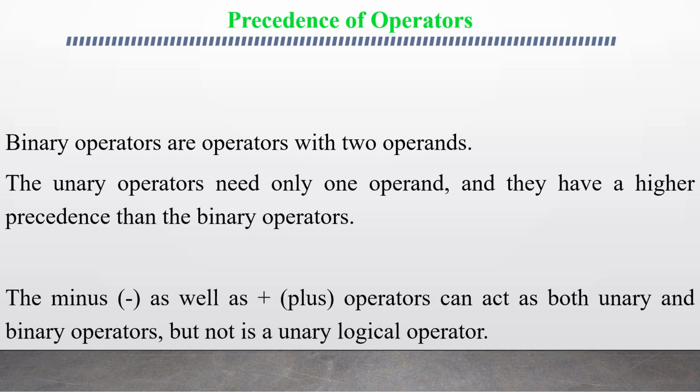The minus as well as the plus operators can act both as a unary operator and as a binary operator, depending upon the number of operands, but not is a unary logical operator. So remember, unary operators have a higher precedency than binary operators.